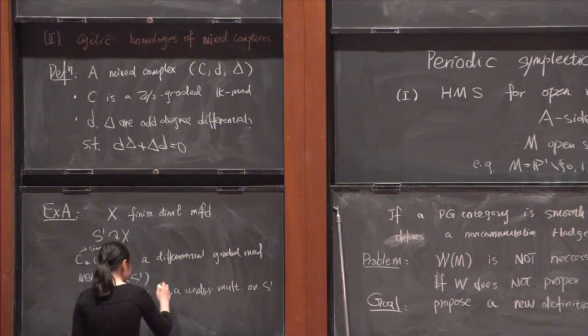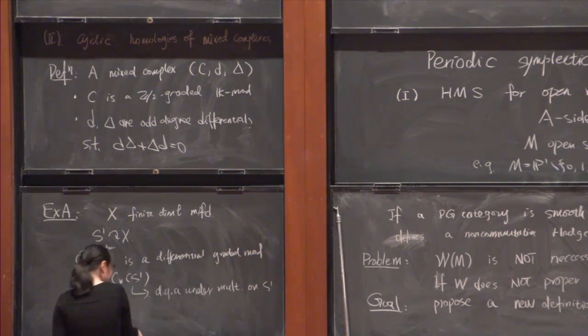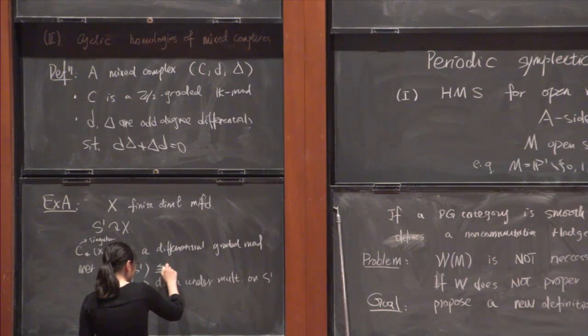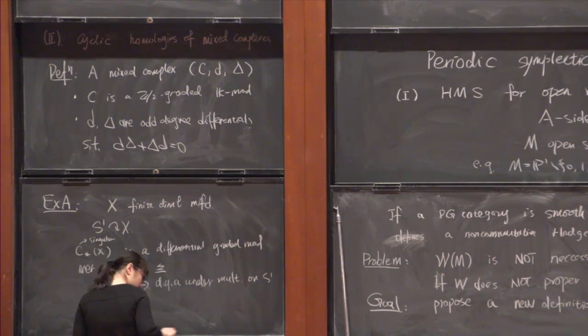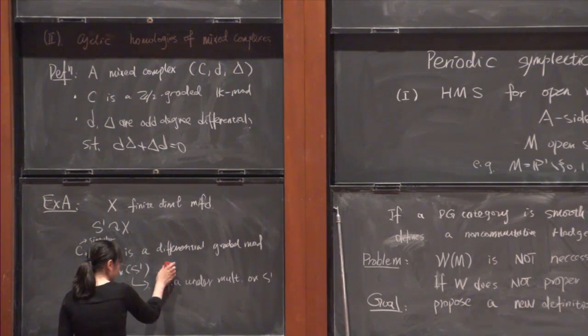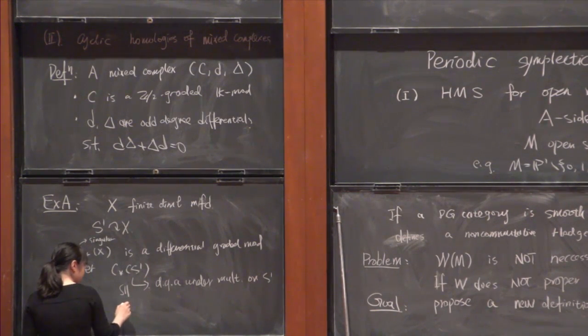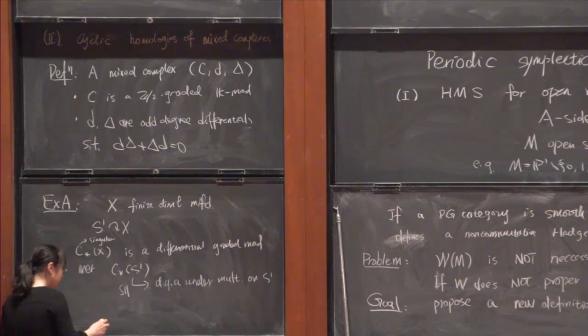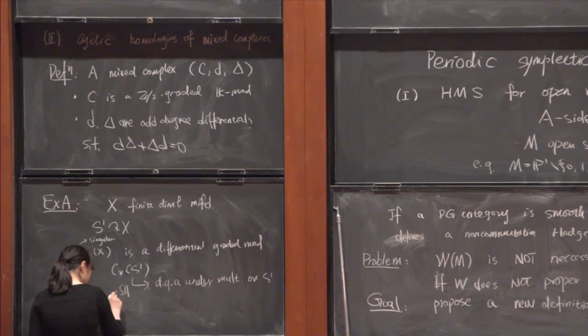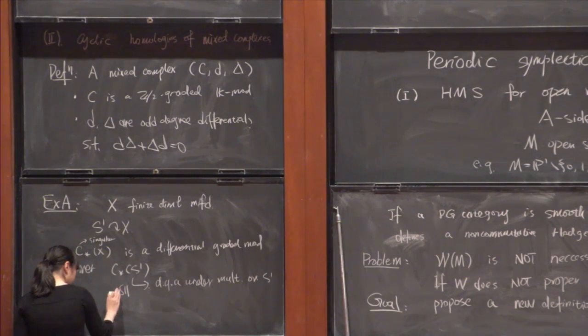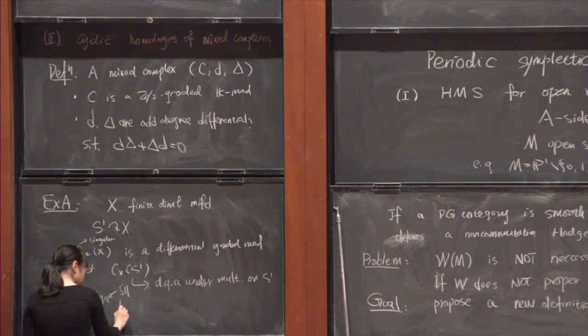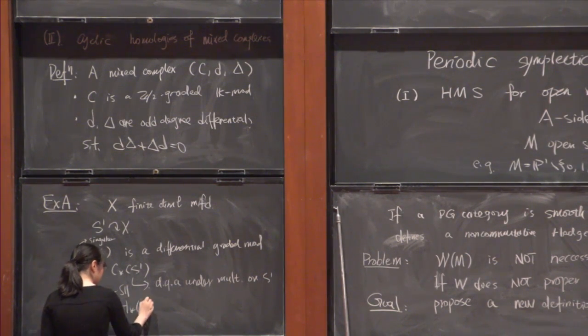In this case, there are some slight things I need to do. I want to think of the chains on S1 as isomorphic as a DGA to its homology.